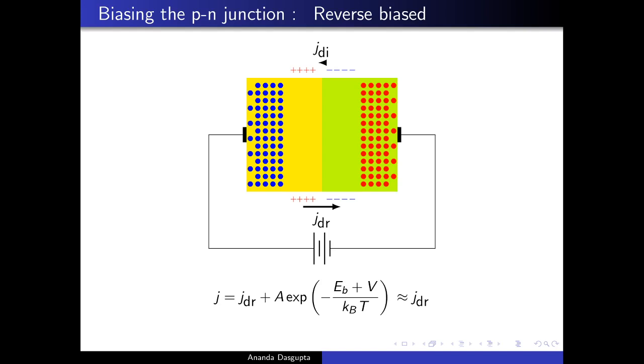So you have a very tiny current flowing in the direction of the potential, right? It's flowing from positive to negative, but it's very, very small. So unlike a vacuum diode, where if you were to make the anode negative with respect to the cathode, you get no current whatsoever, here you do get some current, but that current is very tiny.